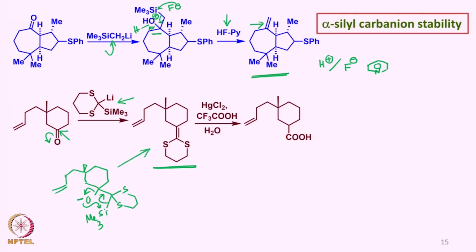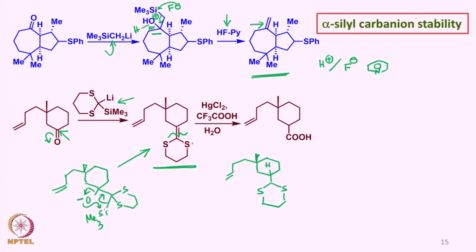and that leads to the formation of the double bond. This can be hydrolyzed in the presence of mercuric chloride and trifluoroacetic acid, where the first thing that happens is of course the protonation of the double bond that forms the intermediate of this kind, where the protonation has happened because trifluoroacetic acid is used.